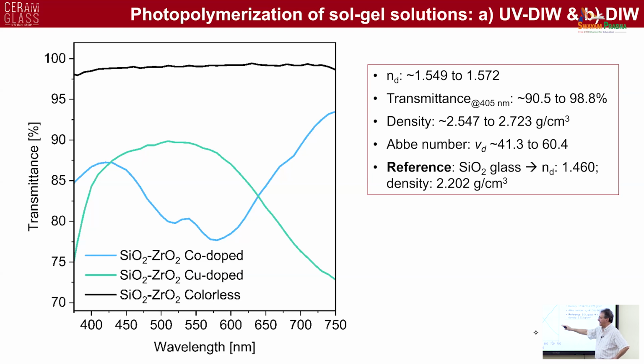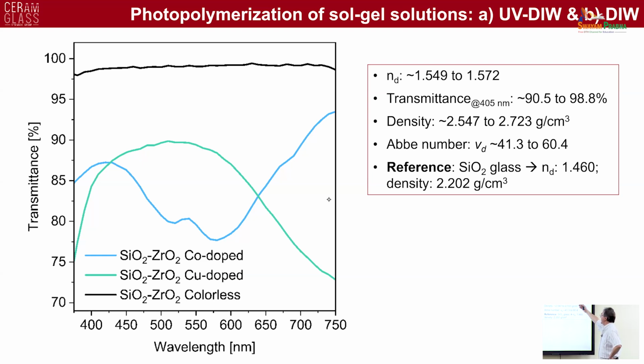And of course, the color in glass is complementary to the absorbed wavelength. So if you absorb in this region, the color comes from the radiation that is not absorbed. Because if you absorb, you're not transmitting, of course.